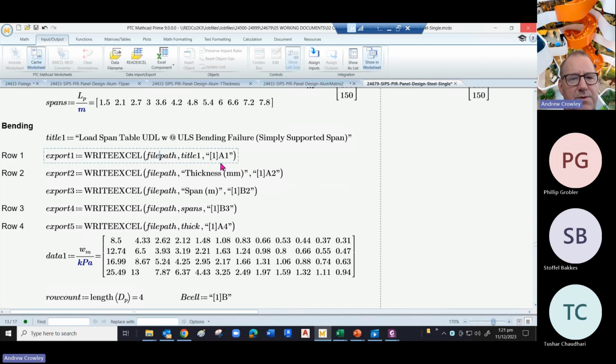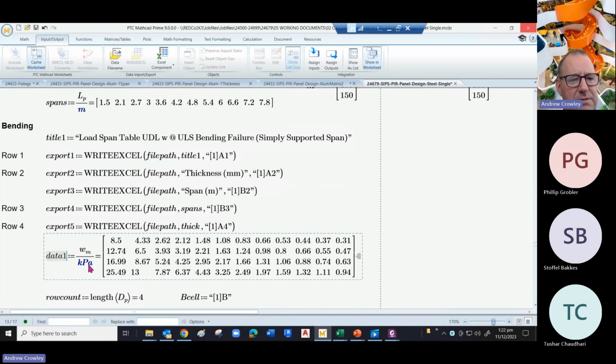And on we go. We put the thicknesses in A2, the spans in B2, and the actual spans, the numbers, into B3, and then the thicknesses into A4. We populate the data.